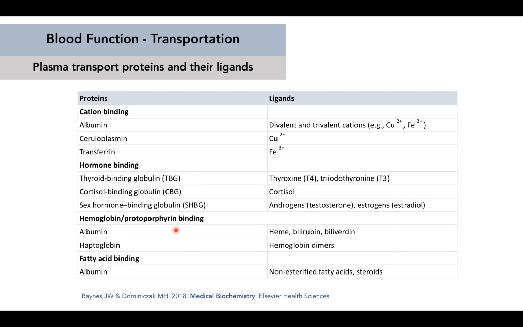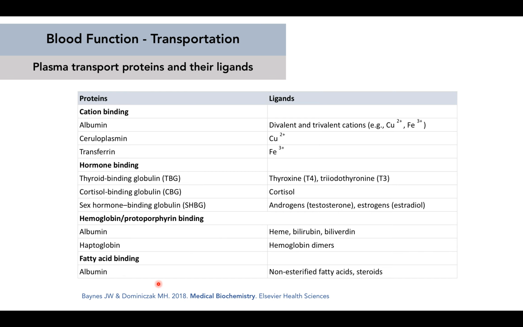As we've talked about before, I think in the vitamins and minerals lecture, there are a lot of different minerals that we know are carried around by proteins. Apparently, these carrier proteins don't only carry minerals, but they can also carry hormones, fatty acids, or bind to hemoglobin and protoporphyrin.